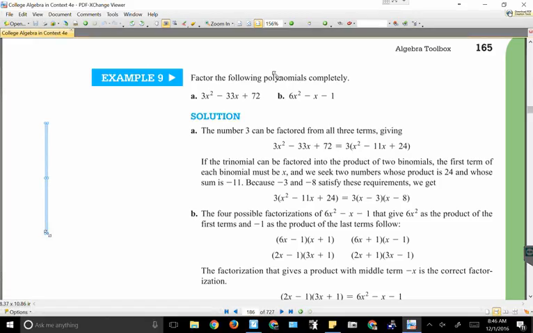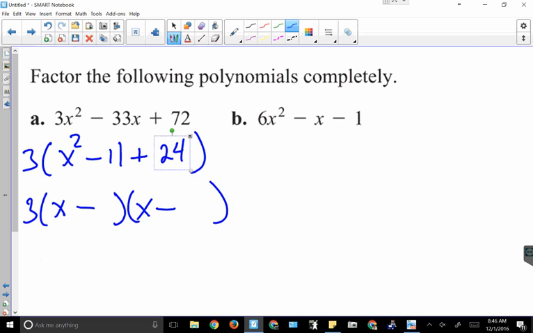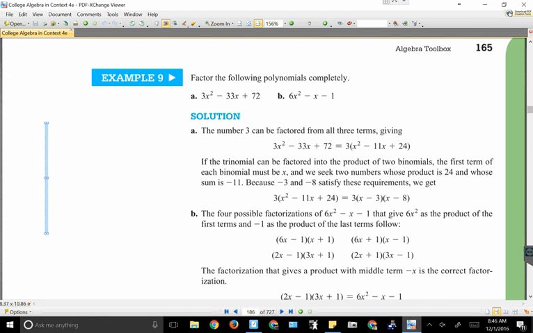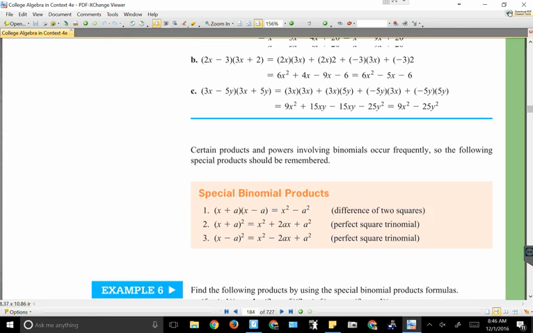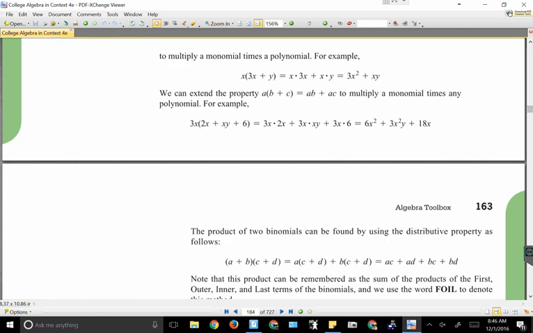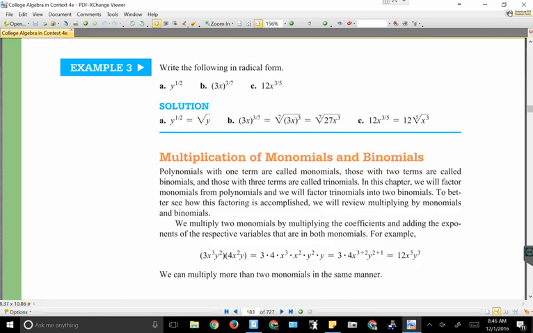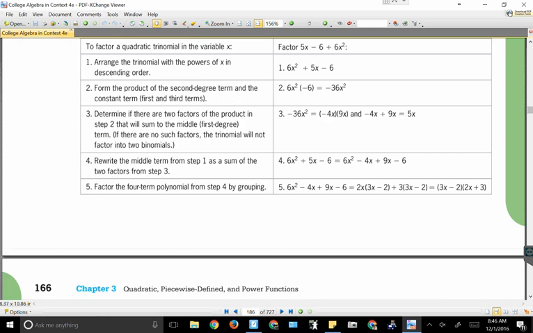Well, if I go back here, hold on a sec, they didn't put that one in there. Think about it, they don't have that one in there. Let's see, they got it down here.